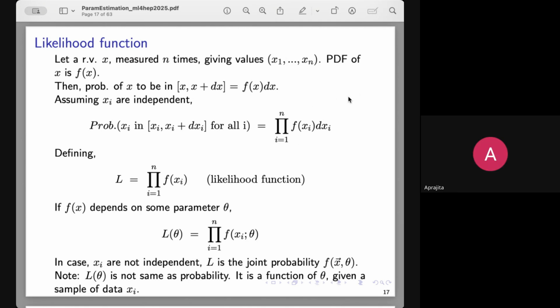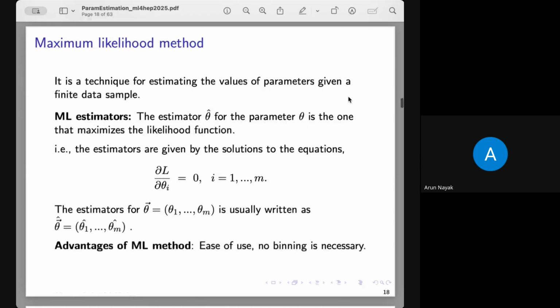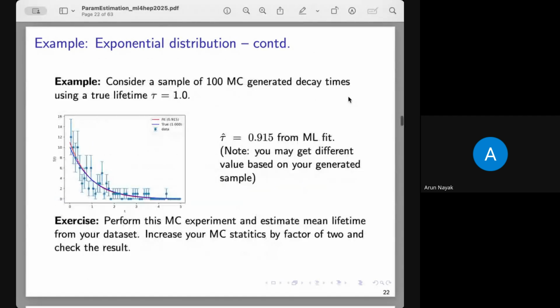Maybe give an example. Let me take this example here. Suppose I have my tau as, say, 1. If my tau is 1, I expect to get this kind of data, right?